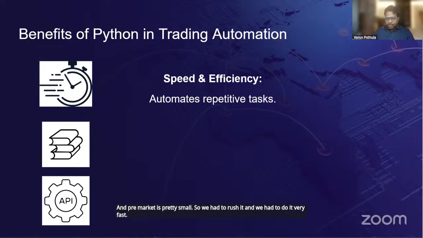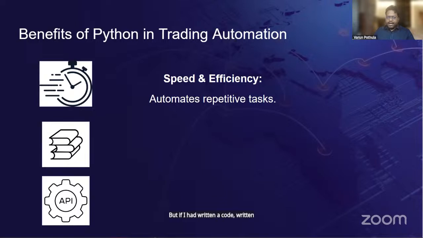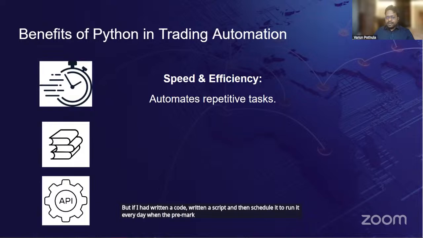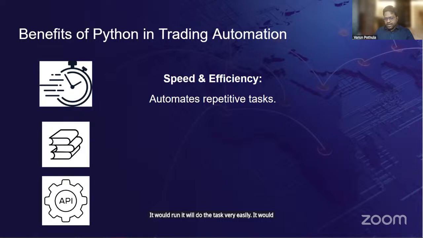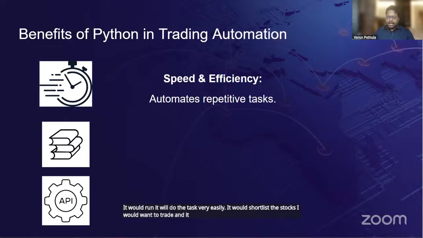But if I had written a script and scheduled it to run every day when the pre-market opens, it would do the task very easily. It could shortlist the stocks I would want to trade, might also guide me what kind of strategy I could use, and I could automatically generate this report. So that's where the efficiency and the speed part comes in.